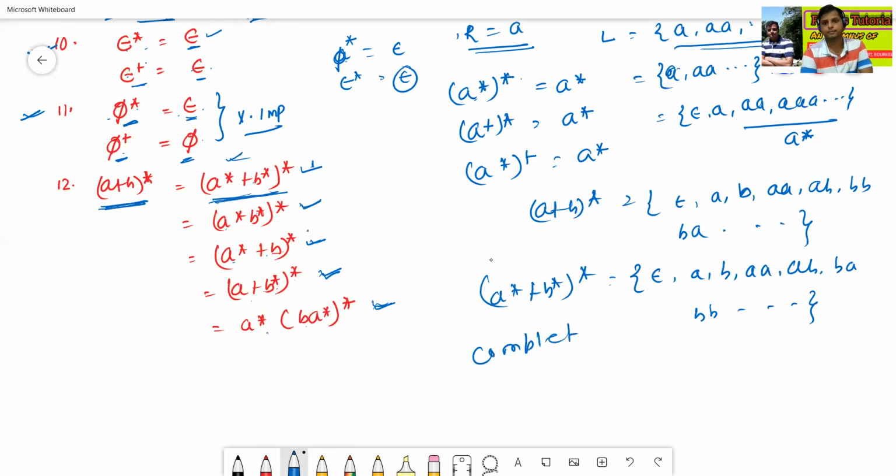So a plus b whole star, a star plus b star whole star, a star b star whole star, a star plus b whole star, a plus b star whole star, and a star into b a star whole star all give the complete language. These are the basics of regular expressions. In the next class, we'll mainly practice problems related to regular expressions. Thanks for watching.